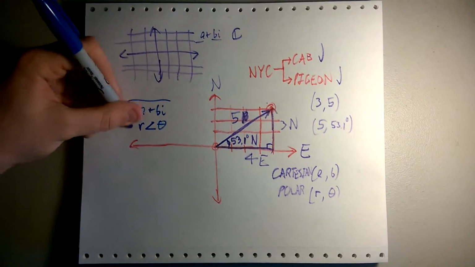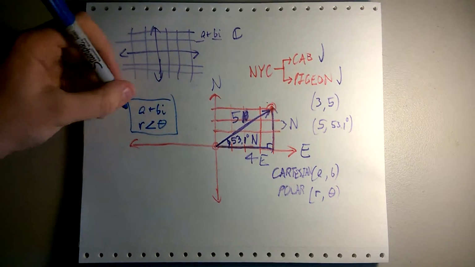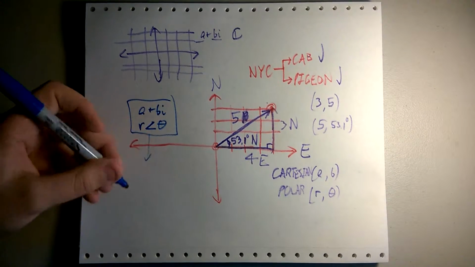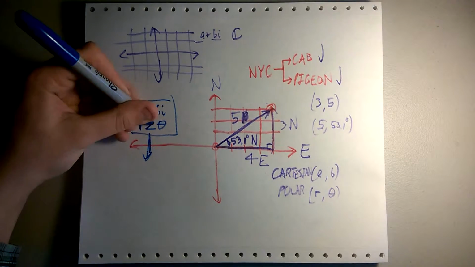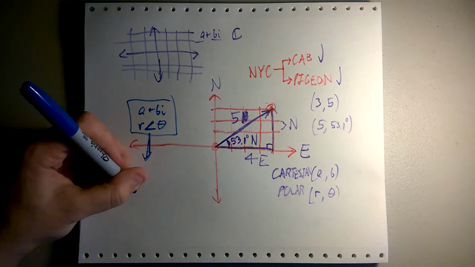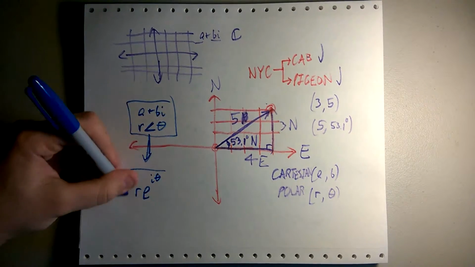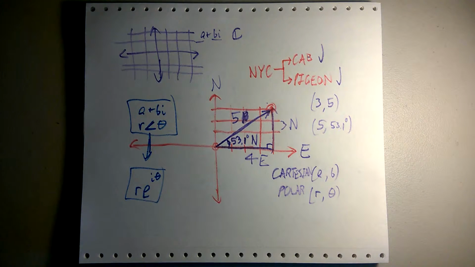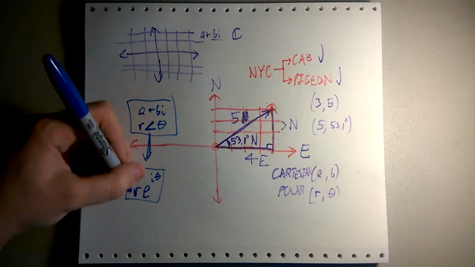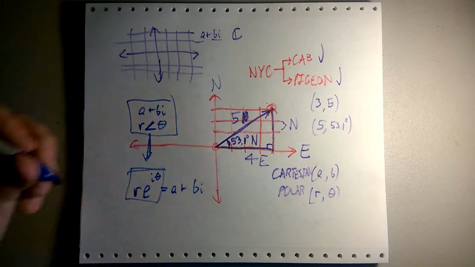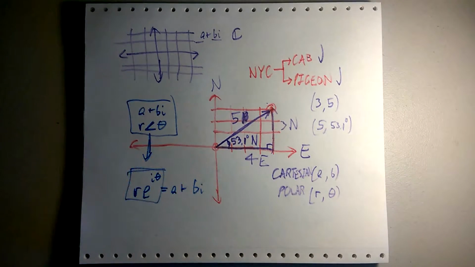It's not bizarre to say that these get you the same value. But it's interesting. In fact, if you want to know the formula that you use to convert, this is just a way to represent it. But technically, you just say r e to the i angle. Technically, this is your formula right here. Don't worry about why exactly at the moment, but just know that this gives you the exact same value as a plus bi. Alright, I'll stop talking about that because I don't want to give away too many things.